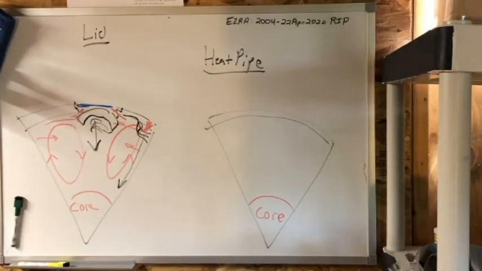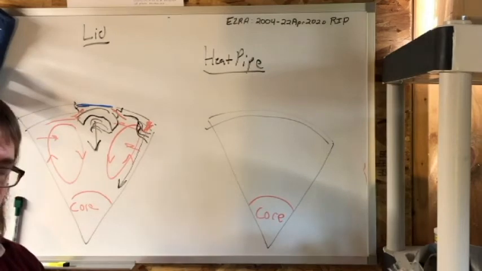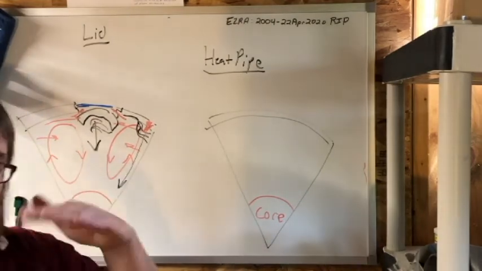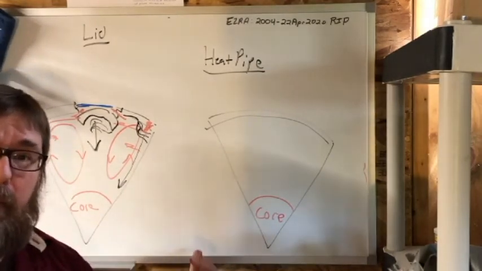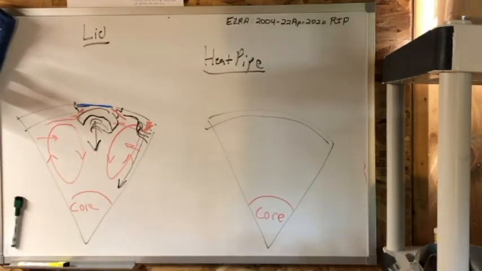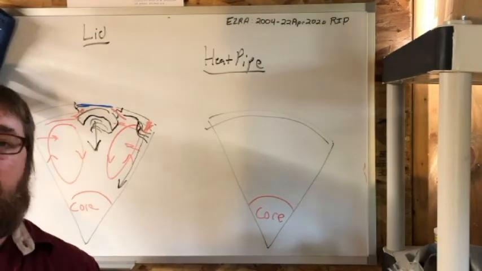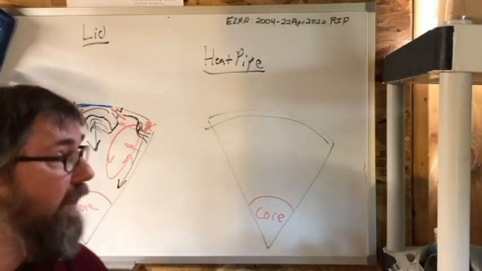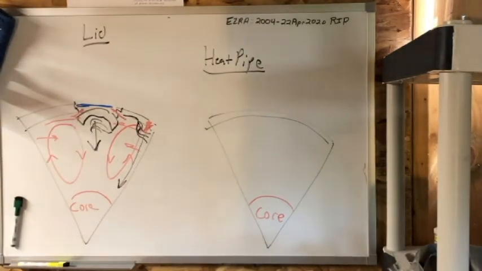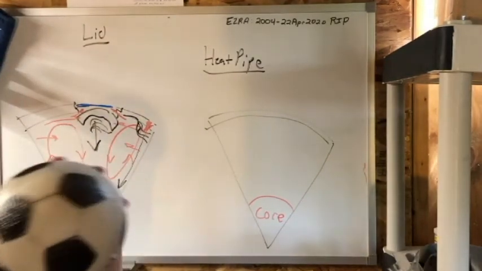Like I said before, in modern plate tectonics, our lithospheric plates do not have a lot of topography on the bottom of them. Here, you're talking about a lithosphere that in places could be 50 kilometers thick, and in other places 400 kilometers thick.